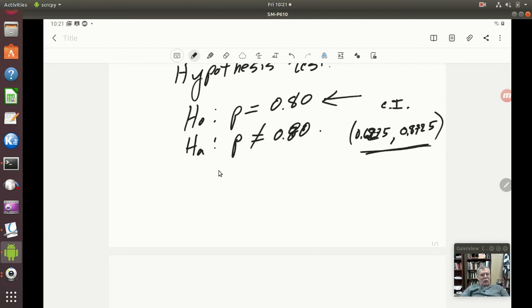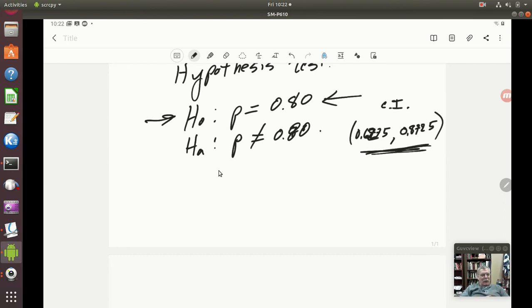Well, if my null hypothesis value is inside the confidence interval, it will rarely be the case that we will be able to reject the null hypothesis.